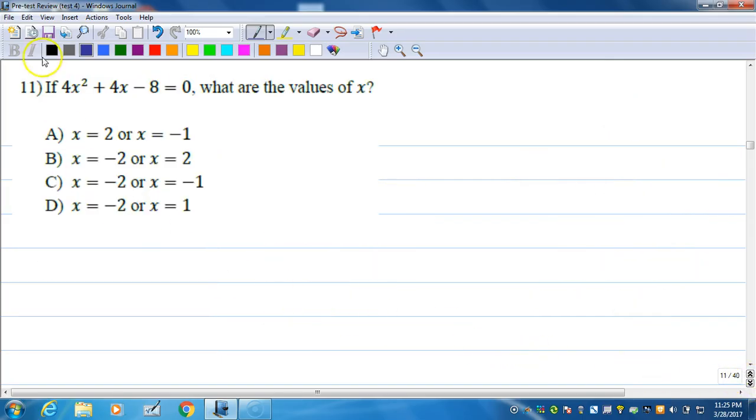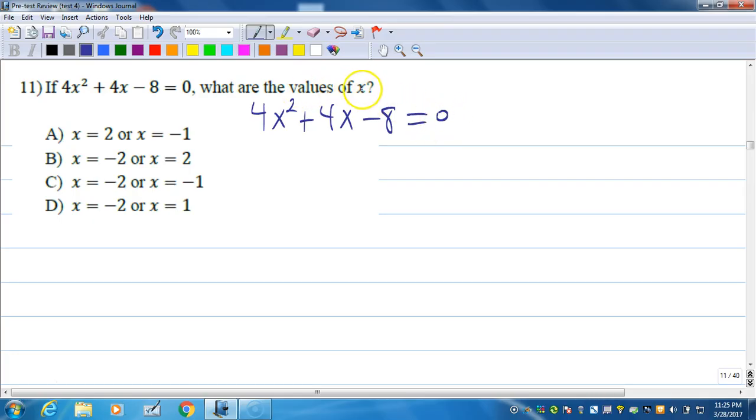Number 11. If 4x squared plus 4x minus 8 equals 0, what are the values of x? Four x squared plus 4x minus 8 equal to 0.